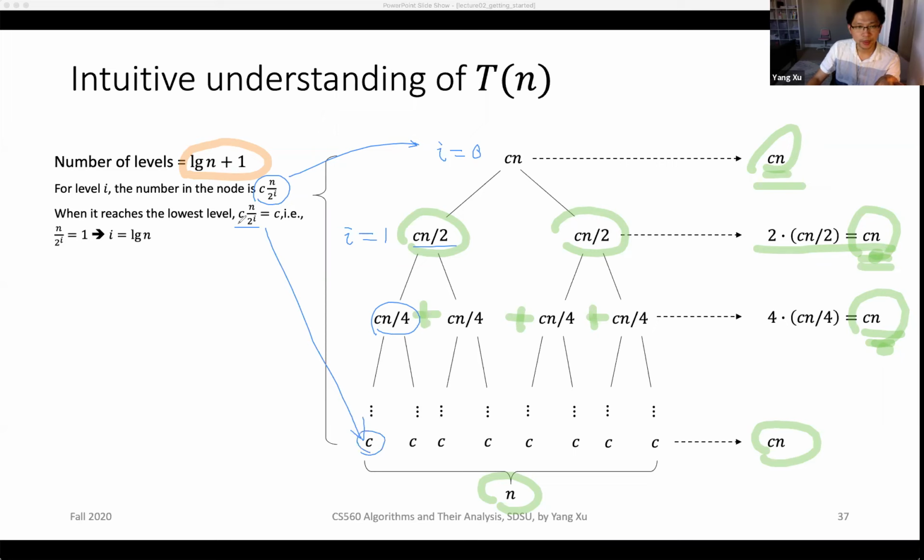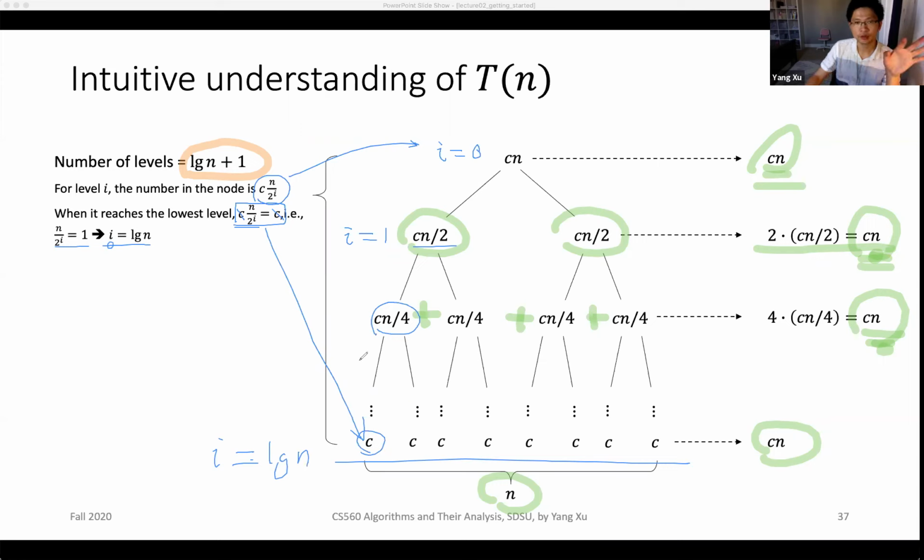And by solving this equation, we can cross C out, and simply solve for i. So for the last level, i equals logarithm of n. The base of the logarithm is 2.